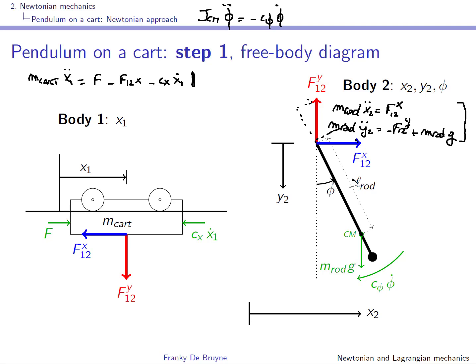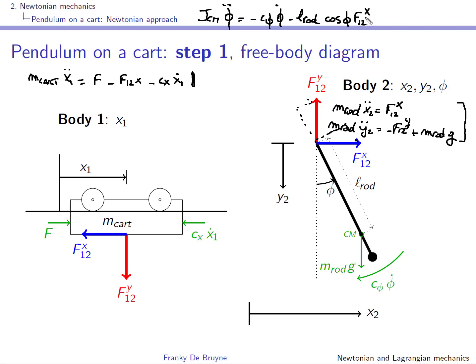No, sorry, it's negative. So it will be minus L rod. Okay, and then it involves the cosine of phi times F12x.